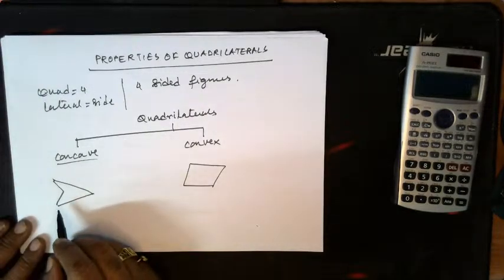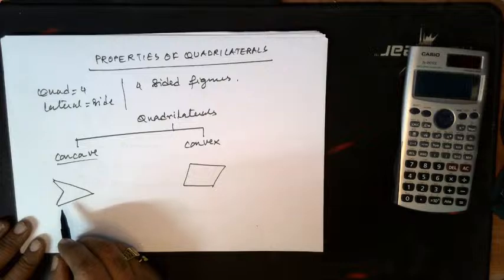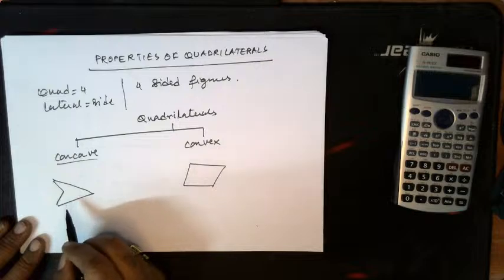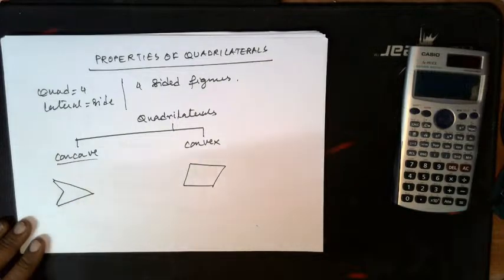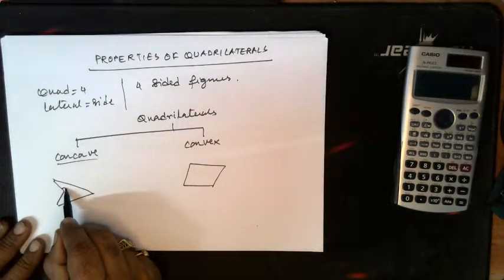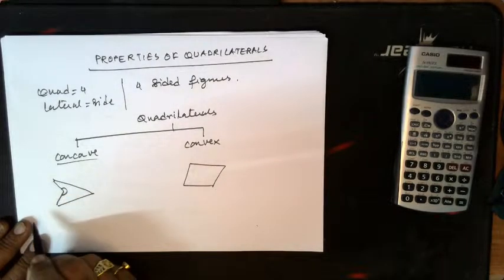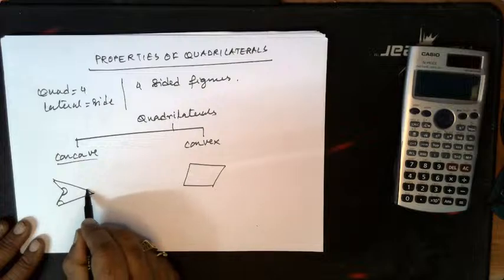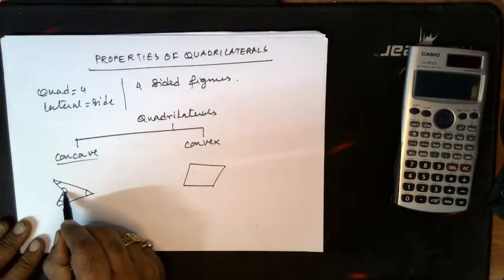In the case of a concave quadrilateral, one interior angle is bigger than 180 degrees. These are the interior angles, 1, 2, 3, 4.